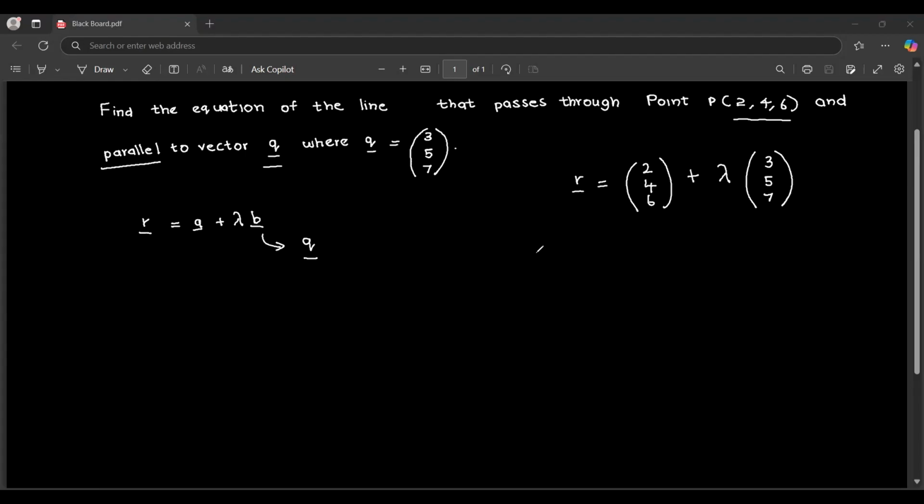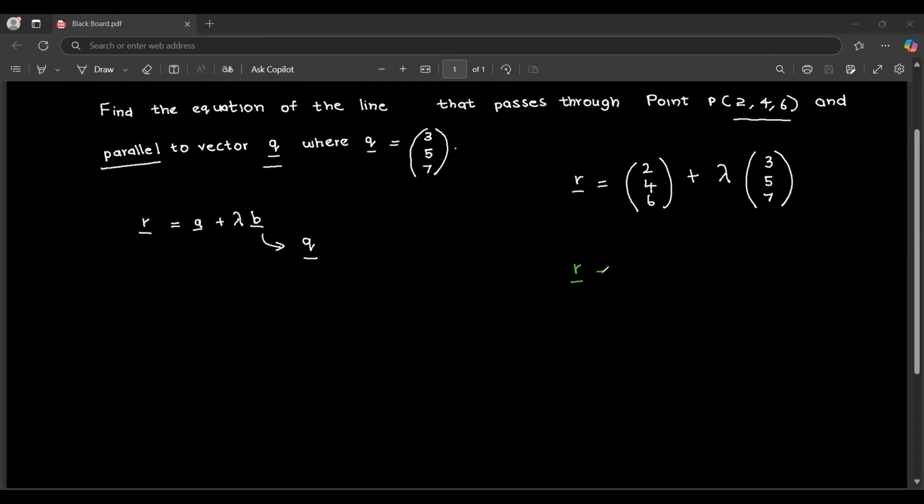Now, shall we try to write the vector equation for this same line by using a different direction vector as well as a different position vector? Pause the video and try it by yourself, then come back. So now let's do this.